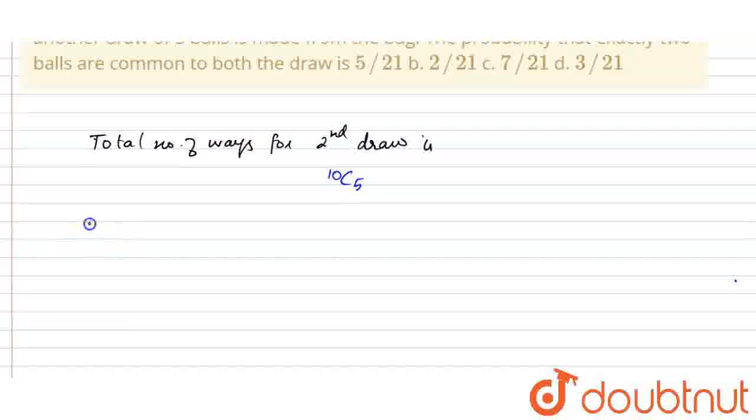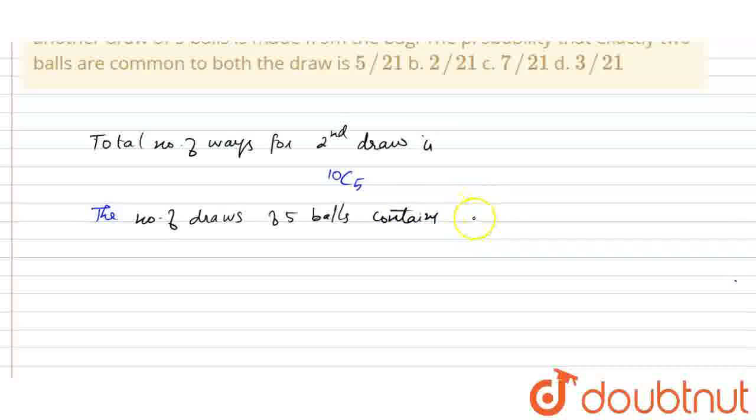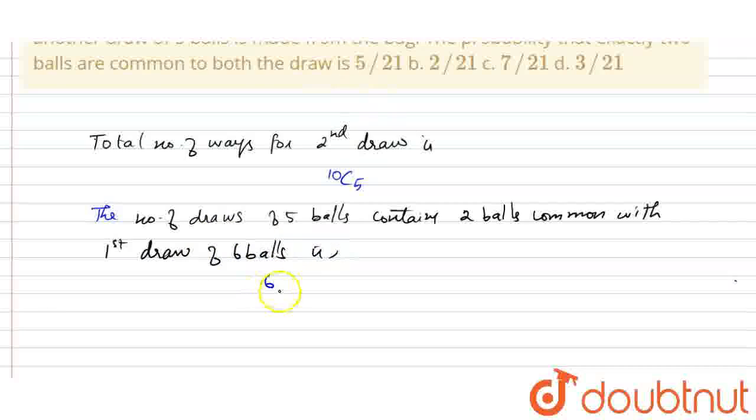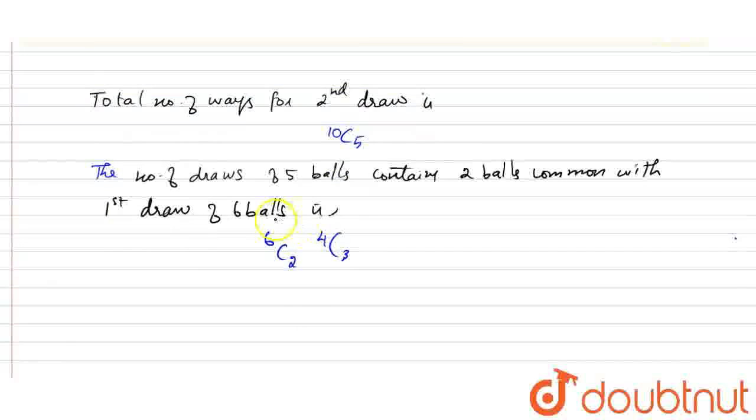Now the number of draws of 5 balls that contain 2 balls common with the first draw of 6 balls, I'm going to write here. From the 6, 2 are common, so the remaining value is 4 comma 3.